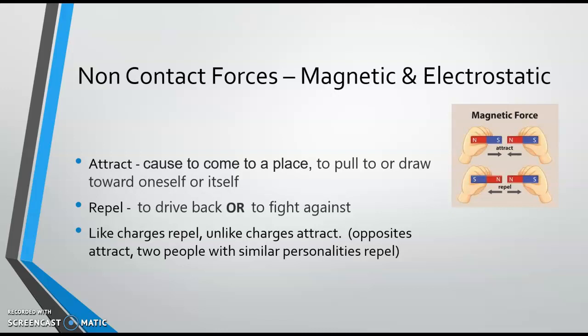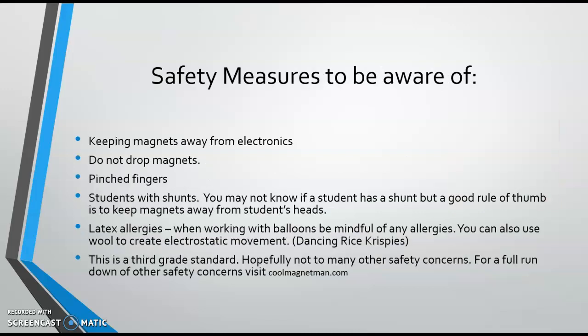And similar, the same way, if you have two forces that are the same, like your north ends of your magnets, a bar magnet has a north end and a south end. And if you put those two similar ends together, they're going to repel. So think about it as you have two people that are really strong leaders and they're both focused on stuff. And sometimes they butt heads and they just can't seem to attract. They really repel. So keep that idea in mind.